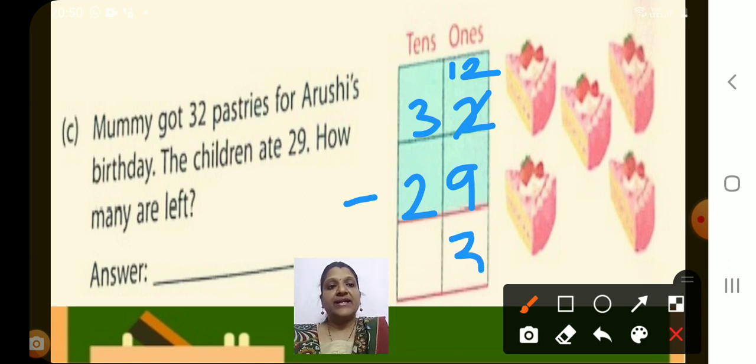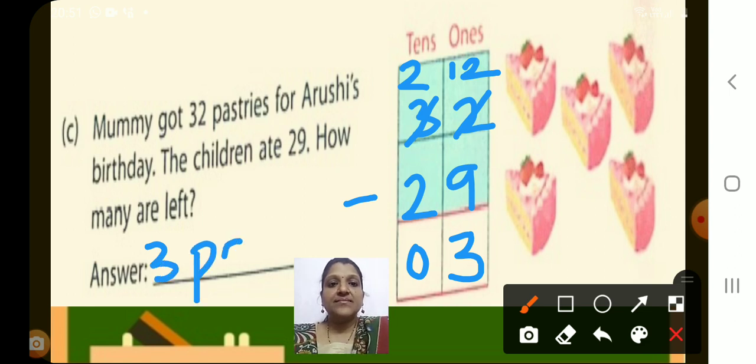So write it over here. Now as we have taken 10 from tens place, we have to subtract 1 from 3. Hence the answer is 2, which we have to write above 3. So 2 minus 2 equals 0. So how many pastries left? 3 pastries.